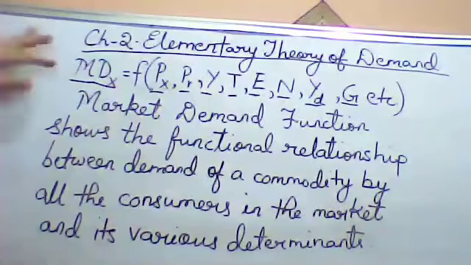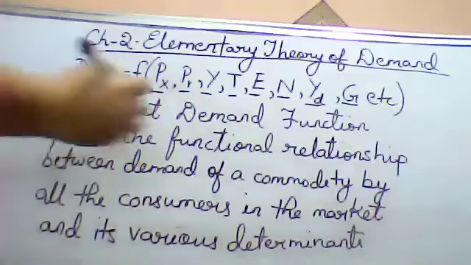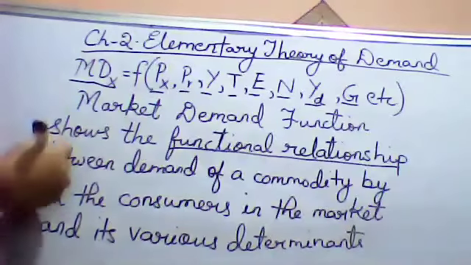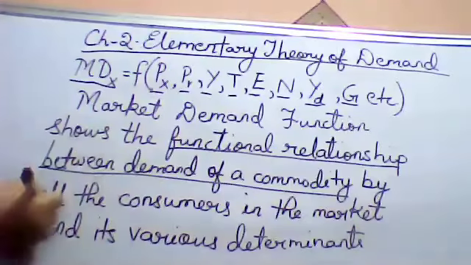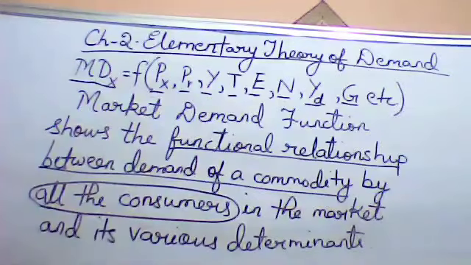Okay, so what is a market demand function? Market demand function shows the functional relationship between the demand of a commodity by all the consumers. This you have to remember, because market demand is about the demand of all the consumers.